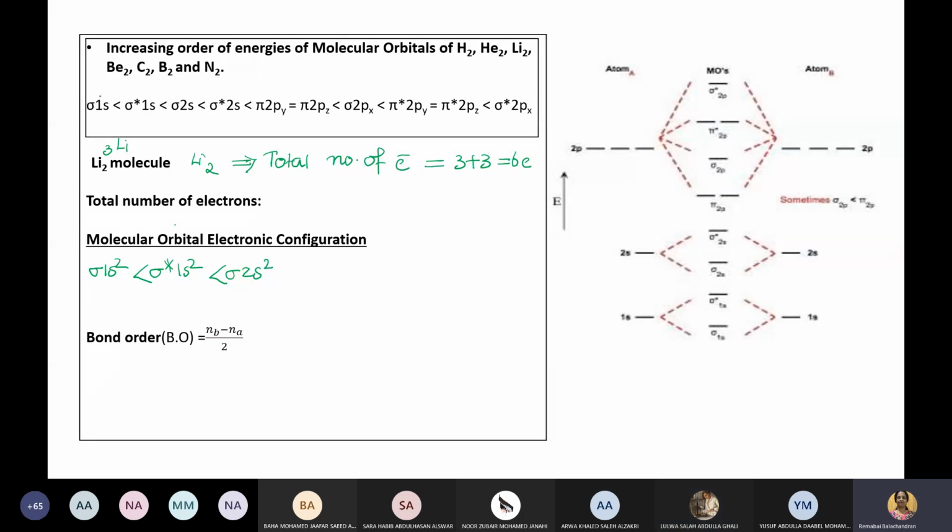That's it, finished. Put 2 here, 2 here, 2 here. So sigma 1s2, sigma star 1s2, sigma 2s2. Here we have 2 electrons, here 2, here also 2. This is the diagram.